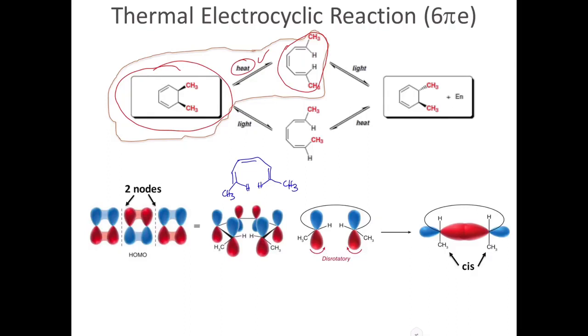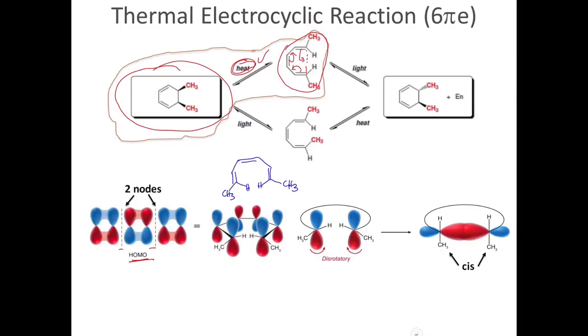Of course, here there are only 6 atoms, because this is going to move here to form that sigma bond, which triggers that one to move there, and that one moves there. So we are doing it using heat, so there is no light, so we are not doing any excitation of an electron. So the HOMO is going to be psi 3. Psi 3 has 2 nodes. Okay, that's all we need to know.